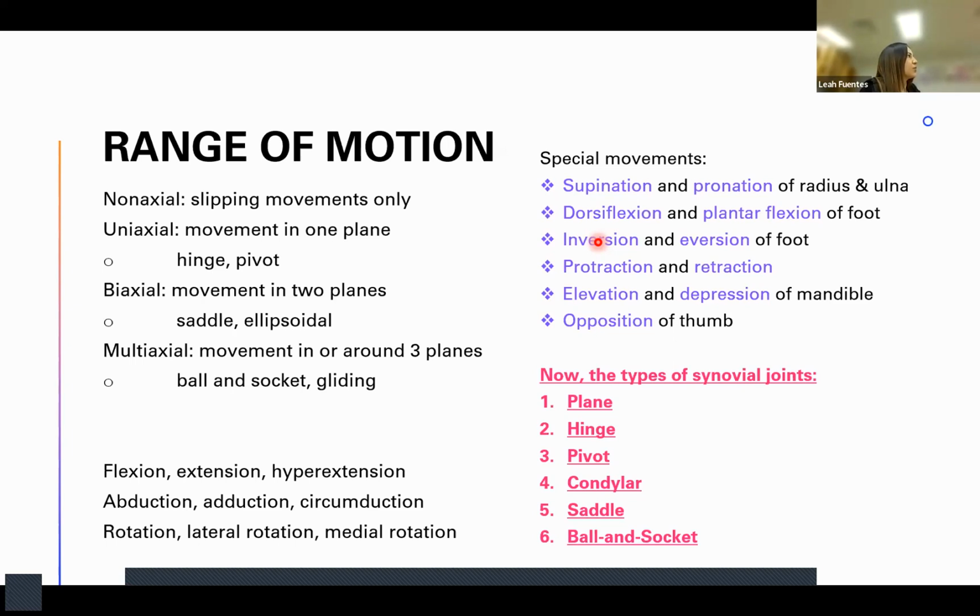Uniaxial is a movement in one plane. Examples of these are hinge and pivot, which we'll get into. Biaxial, movement in 2 planes, saddle or ellipsoidal. And then multiaxial are movements in or around 3 planes. These are ball and socket or gliding.